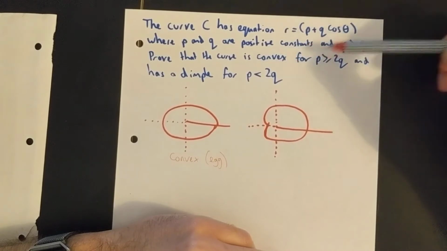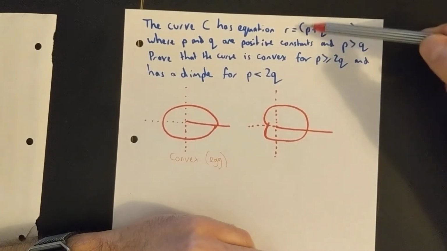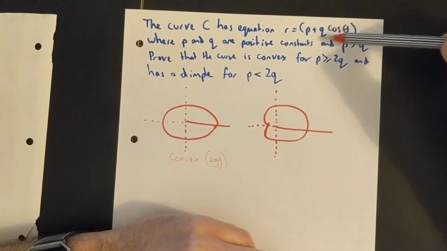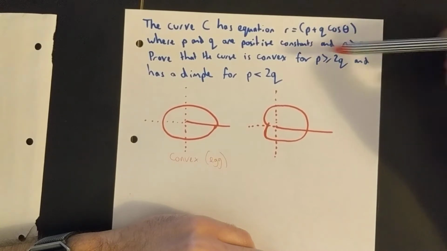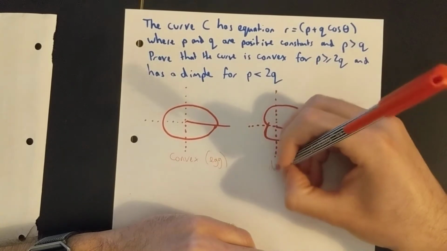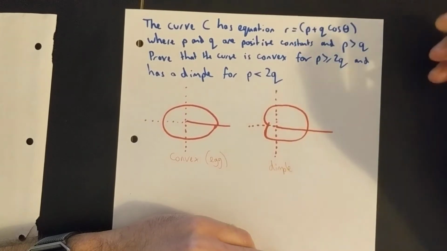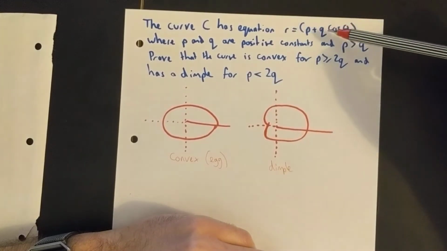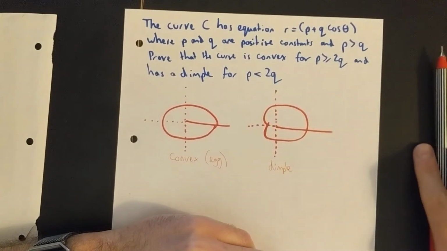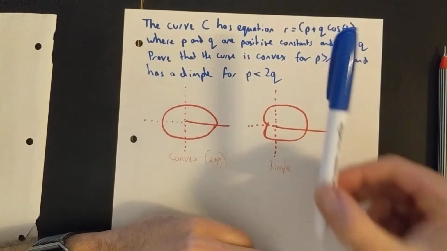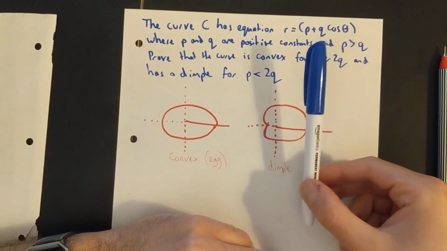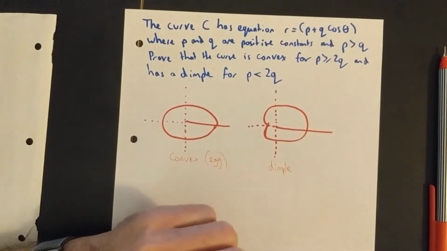So it is convex when p is greater than or equal to 2 times the coefficient of cos theta. And it has a dimple, so it looks like this, when p is less than 2q. Now, the way that we're going to prove this is we're going to look at the vertical tangents, the ones that are perpendicular to the initial line.